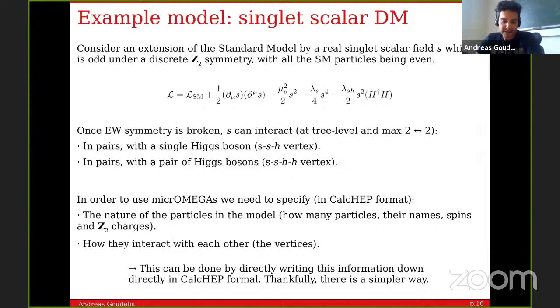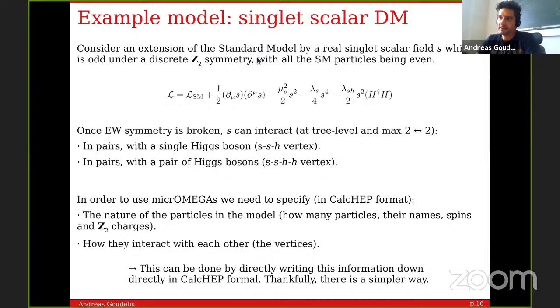I will be using as an example the simplest model that I can think of, which is singlet scalar dark matter. This is an extension of the standard model. I think you must have seen this model probably in Genevieve's lecture a little bit earlier. So you extend the standard model by a scalar field S, which is odd under a discrete Z2 symmetry, and all the standard model particles are even under the symmetry.